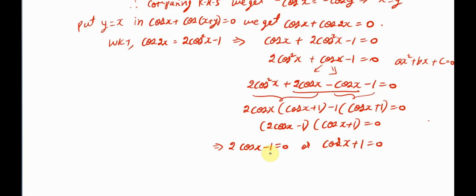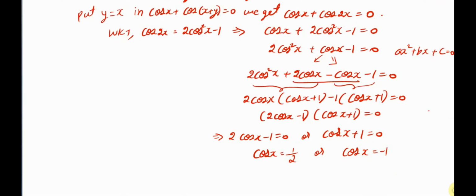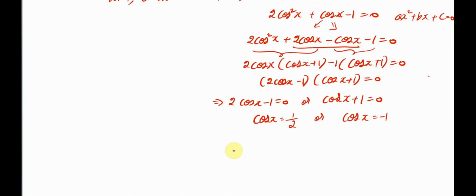Let me simplify this now. I take 1 to the right hand side, it becomes plus 1, and the 2 goes to the denominator, so cos x is 1 upon 2. In the other case, I take minus 1 to the right hand side, so cos x is minus 1. When cos x is 1 upon 2, x is pi by 3, and when it is minus 1, you can easily identify it is pi.